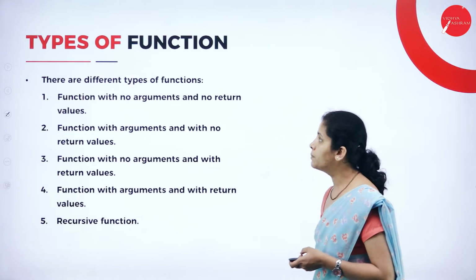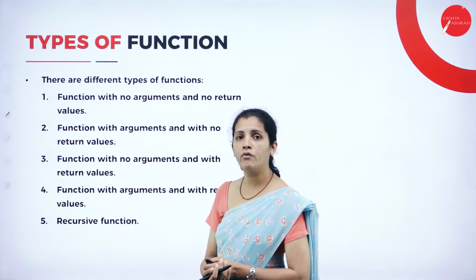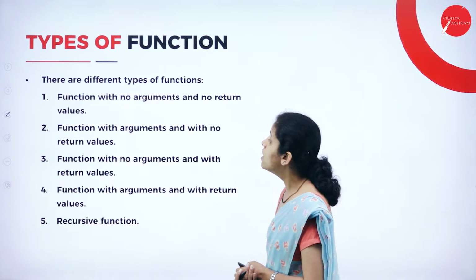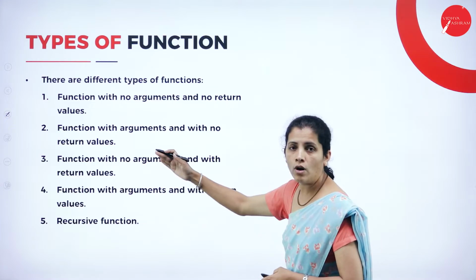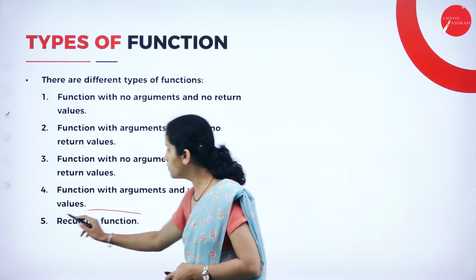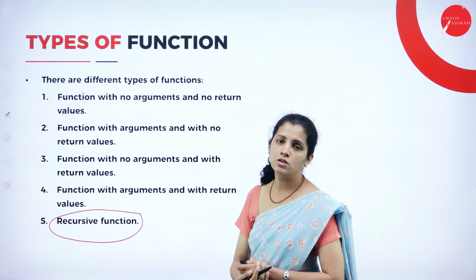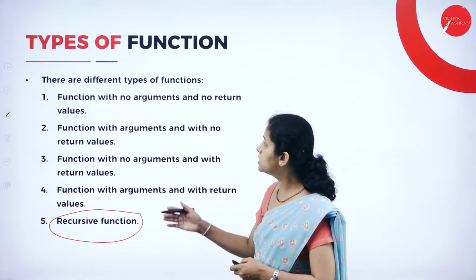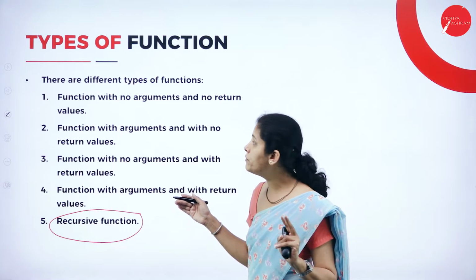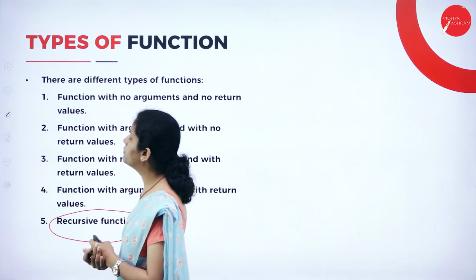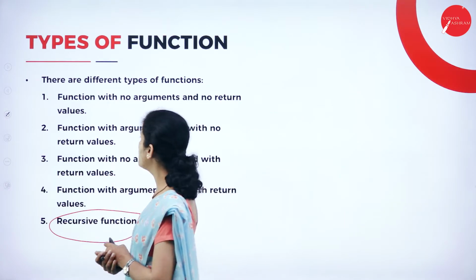Moving further, I'm going to have types of function. Here functions are categorized into 4 types. Along with that, I'm going to have recursive function. So in total, how many types of function? It is 5 types of function. What are the different types of function I'm going to have here?